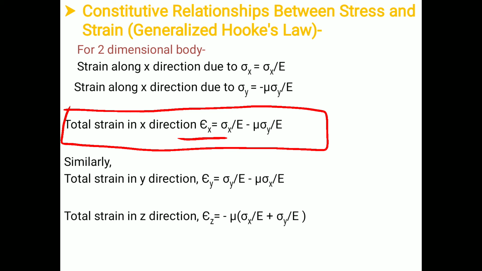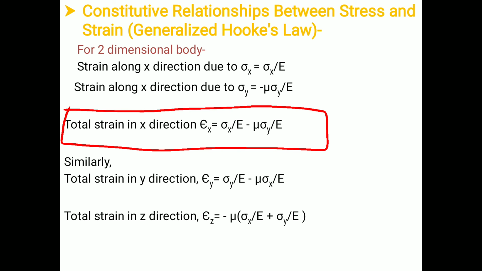If I concentrate on xy direction, then I do not have the stress along z direction. If I concentrate on y and z direction, then I do not have stress along x direction. But at the same time, we have the value of strain along x, y and z direction due to the effect of any two stresses.